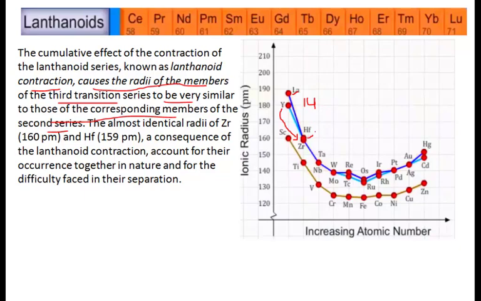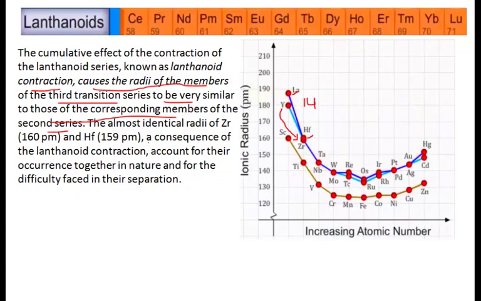So this has played a vital role in the chemistry of the second and third transition series. That is, they have almost similar properties. In the same manner, tantalum and niobium also have almost the same atomic radii.